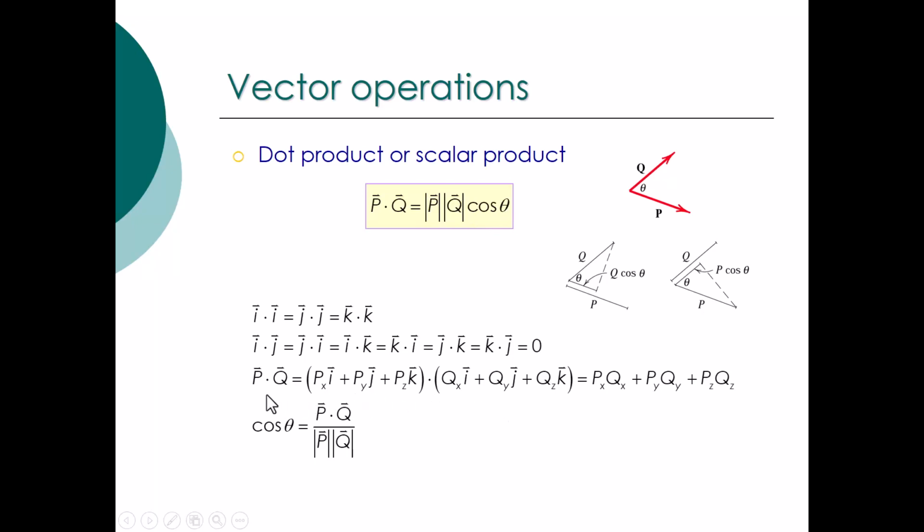In this example, the vector p is expressed as function of different unit vector. It's the sum of three components along x, y, and z, and three unit vectors i, j, k.